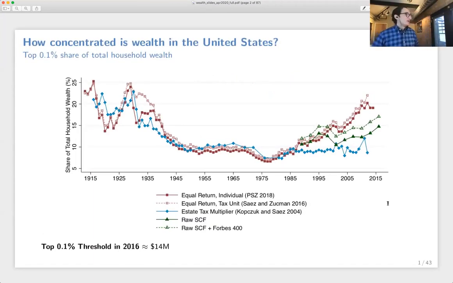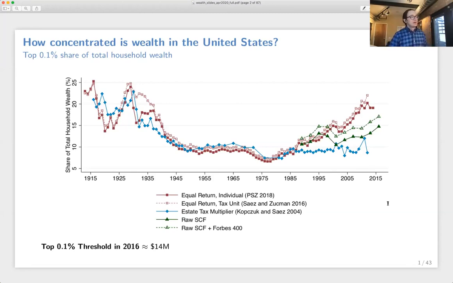Just to motivate things, the question we're interested in is how concentrated is wealth in the United States? Unlike with income, there's no systematic database recording individuals' wealth in the US, so we have to resort to various methods to estimate the wealth distribution.